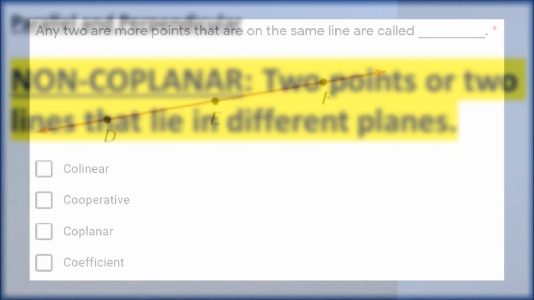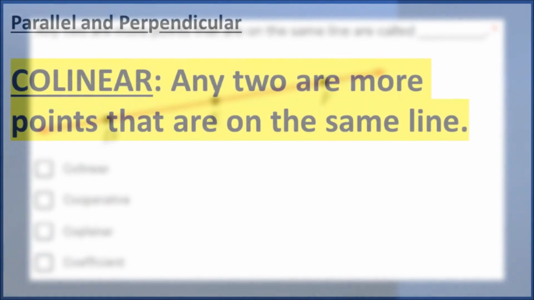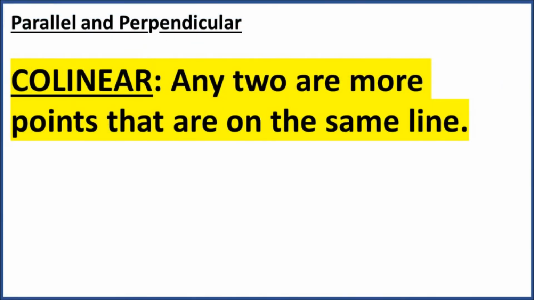Next question. Any two or more points that are on the same line are called, and as you can see the points are lined up on this line, colinear, cooperative, coplanar, or coefficient. The answer is colinear.